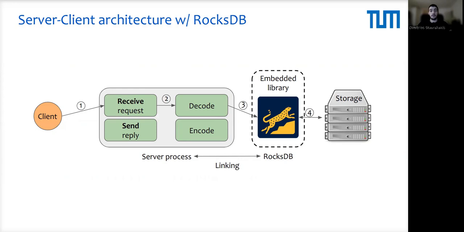Then RocksDB returns to the server process the outcome of the executed operation, which gets encoded into the communication message format. And finally, the server sends the encoded operation outcome back to the client to inform them about what has happened with the requested operation that they had made.